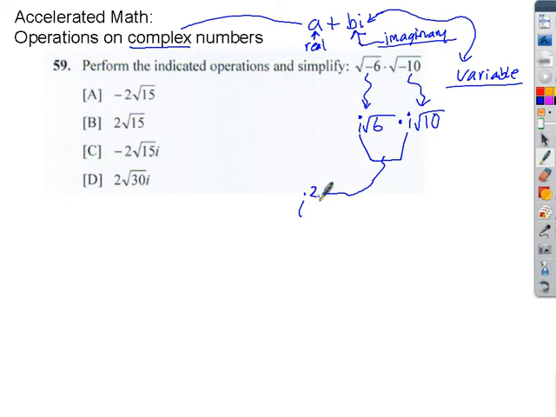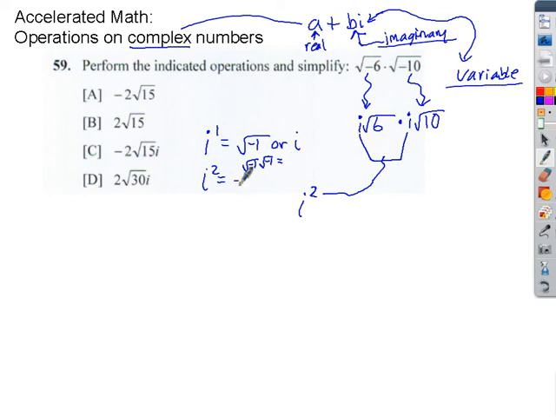And we learned, in what I call in my class an I-fact chart, I to the first is just equal to the square root of negative 1, or we just call it I. I to the second is, well, if you did square root of negative 1 times the square root of negative 1, the square root of anything times itself is going to give you that number without the square root.